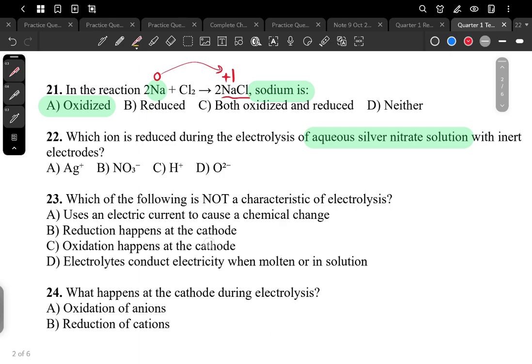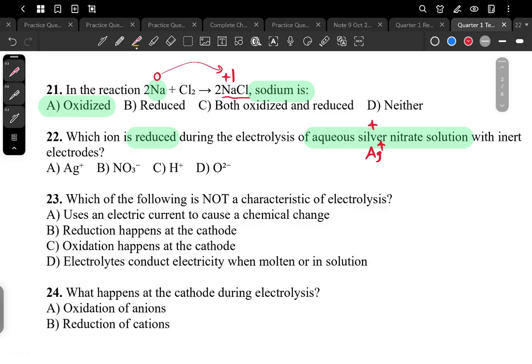So it asks you here which is reduced. Reduced means the reduction, and we know that reduction happens at the cathode, right? So which ions are going to move to the cathode? The silver ion, Ag positive 1, and guys, silver always has an oxidation number of positive 1.